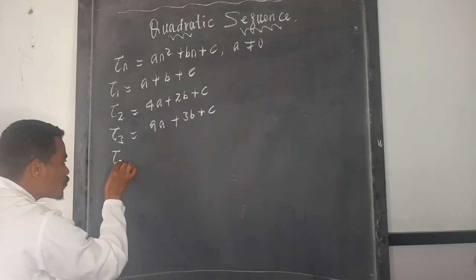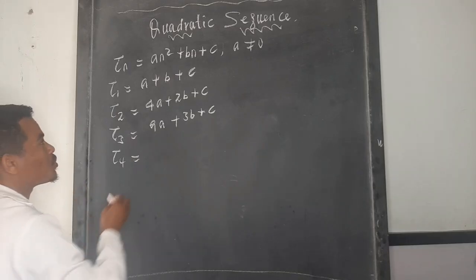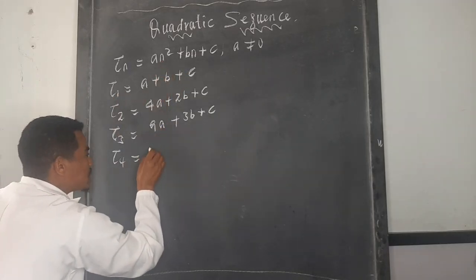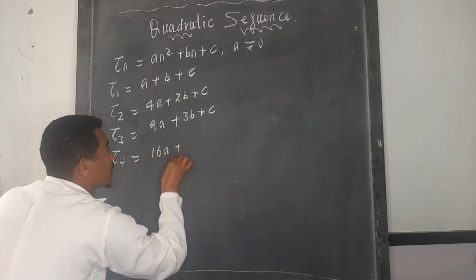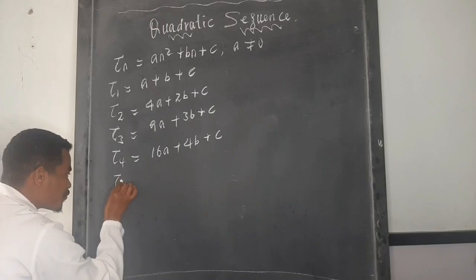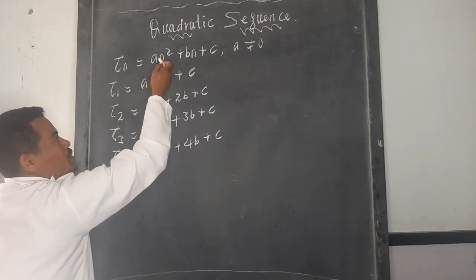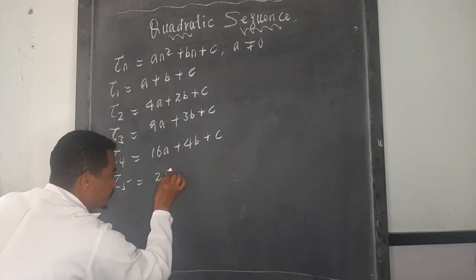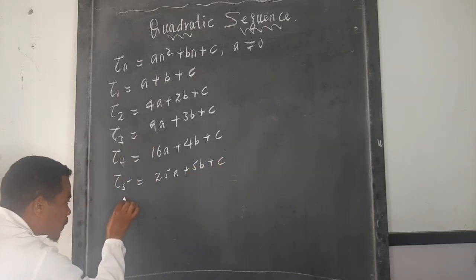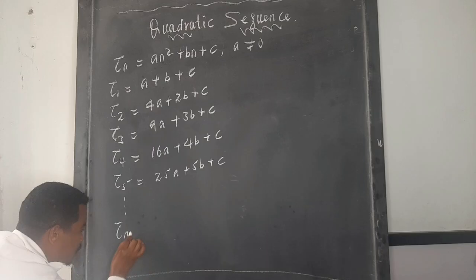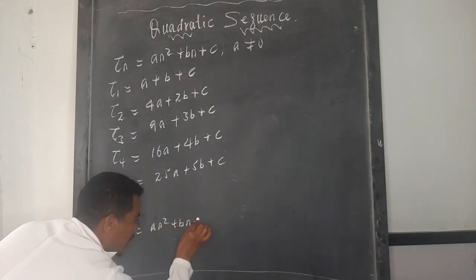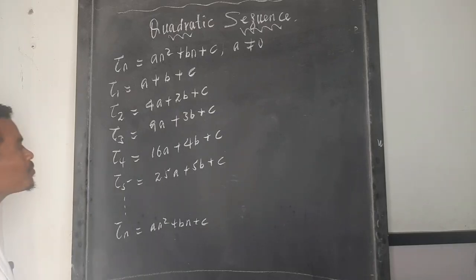And T4 means the fourth term, replacing n with 4. 4 square is 16, that is 16a plus 4b plus c. T5 is 5 square, which is 25a, plus 5b plus c. Just continue like this, and Tn is equal to an square plus bn plus c, where a is different from 0.